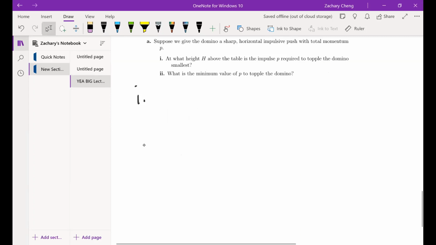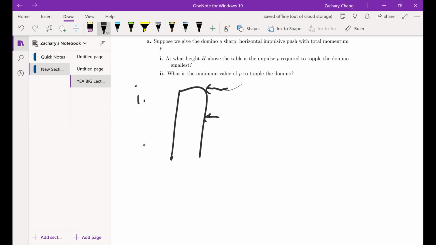For part 1, obviously the torque is larger the further we get from the pivot point. So the domino is going to be pivoting around here, and if we apply a force anywhere, like here, then the distance is just this. And obviously the larger the distance, the larger the torque.